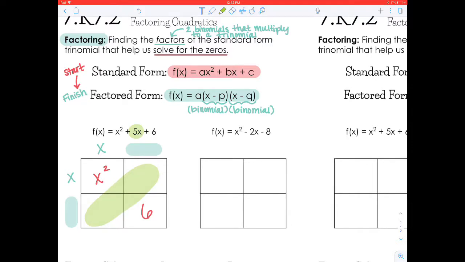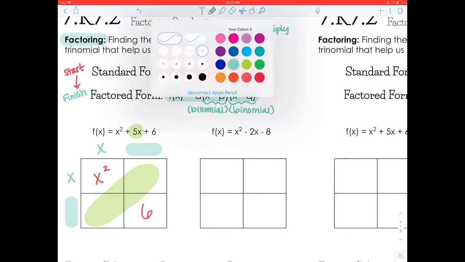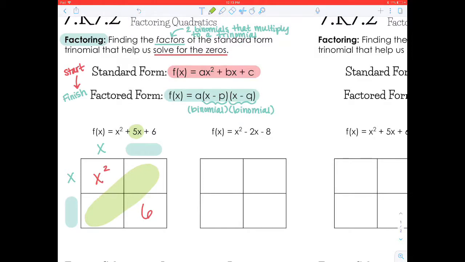Some factors of 6 are 6 and 1, but 6 plus 1 does not give me 5. So let's go to the next two that we know, like 3 and 2. 3 times 2 is 6. And then let's check if it adds to 5. 3 plus 2 is also 5. So that is going to work for us.